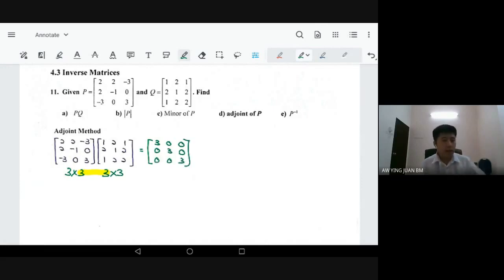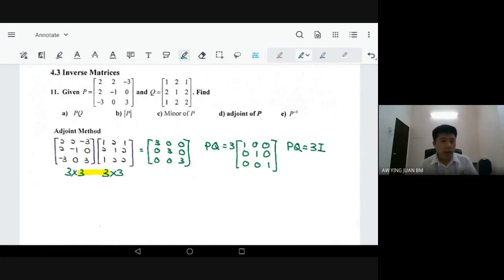If we simplify, PQ equals 3 multiplied with the identity matrix. Normally we represent the identity matrix with I. So PQ equals 3I. That is the conclusion for question A.